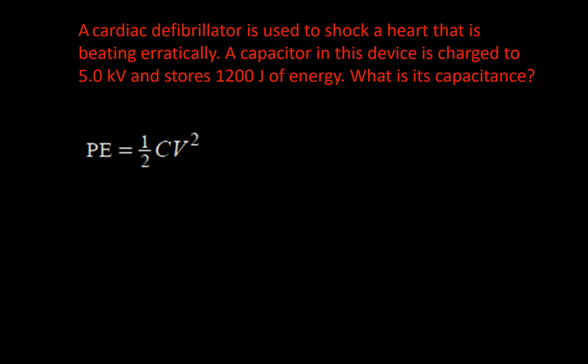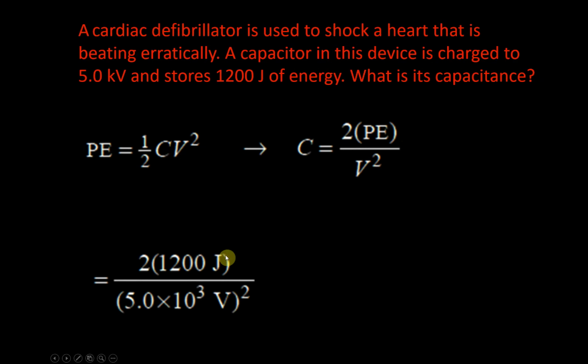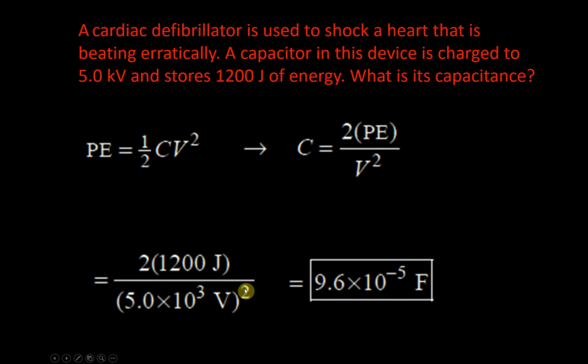If we want to find out what C is, this will become twice the potential energy, 2U, over V squared. Now substitute in: this is 1200 joules, got it right that time, and this is 5000 volts squared. This will give you a capacitance of 9.6 times 10 to the minus 5 farads.